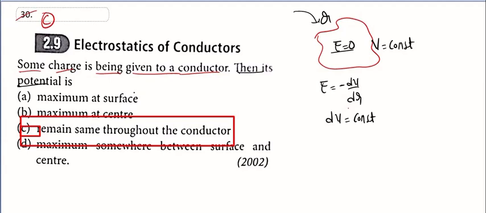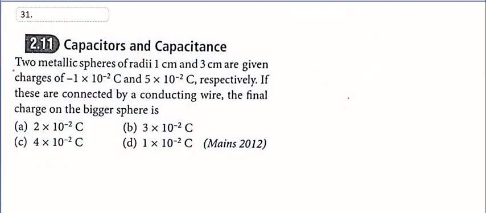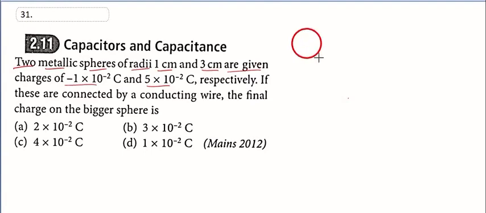So let's move to the next question, question number 31. Two metallic spheres, radii 1 centimeter and 3 centimeter, are given the charges minus 1 into 10 to the power of minus 2 coulomb and 5 into 10 to the power of minus 2 coulomb respectively. The first one is the small sphere, then the larger sphere.